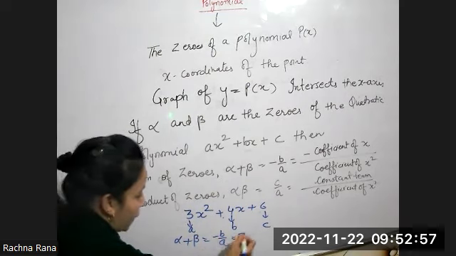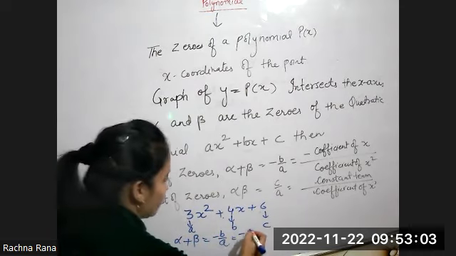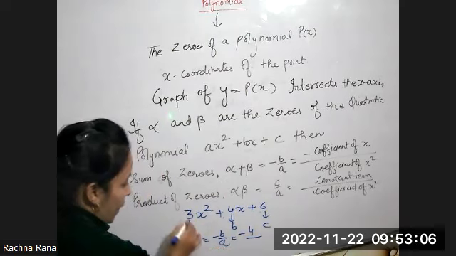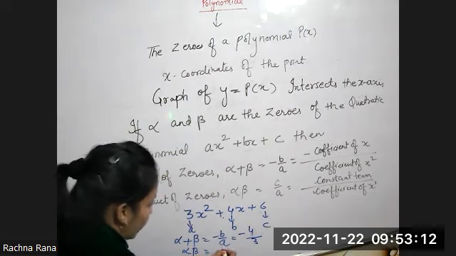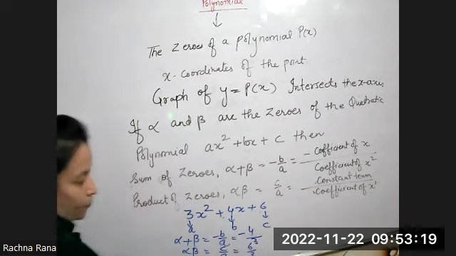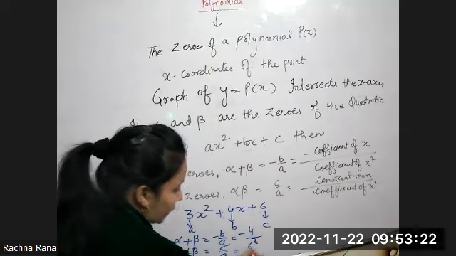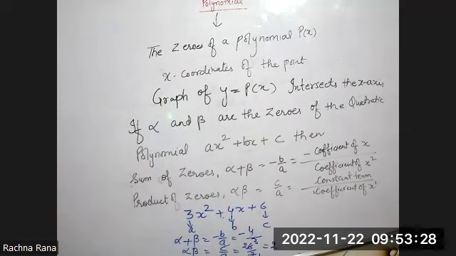Here b is 4 and a is 3. Similarly, the product of zeros is c over a, that is 6 over 3, which is 2. So the product of zeros, alpha beta, is 2, and the sum of zeros, alpha plus beta, is minus 4 by 3.